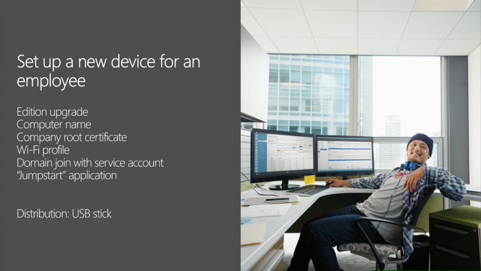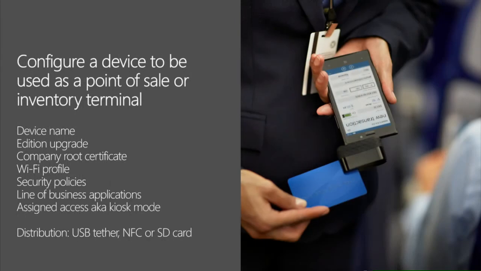And another scenario we can think about is configuring a mobile device to be used as a point of sale or inventory terminal. Pretty much the same set of customizations: device name, edition update, Wi-Fi, probably more security policies, quite likely complete UI lockdown that will allow use of only one specific application on that device, and obviously the line of business application that actually implements this point of sale or inventory experience.